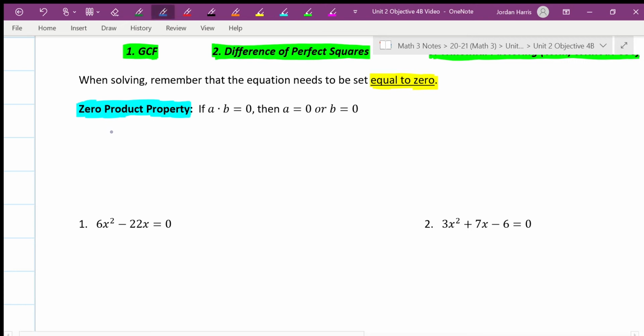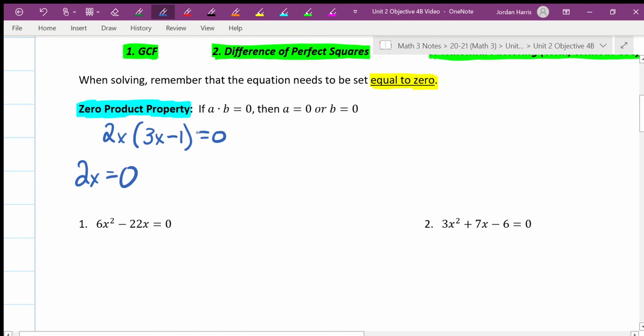So for instance, if I had 2x times (3x minus 1) equals 0, that is 2 things multiplied together. I have 2x, that would be considered my A in this case. My B would be 3x minus 1, that whole binomial equals 0.